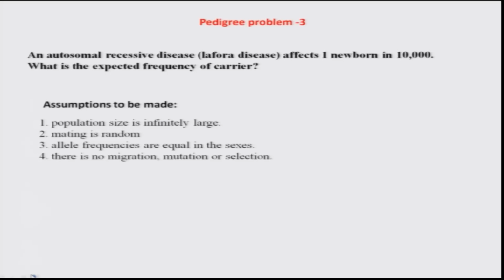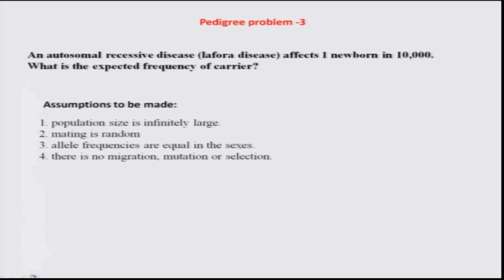The population size is infinitely large, that is, it is quite a large population. Mating is random, that is, it is not that only a particular community will be marrying each other. That would change the frequency of the alleles.